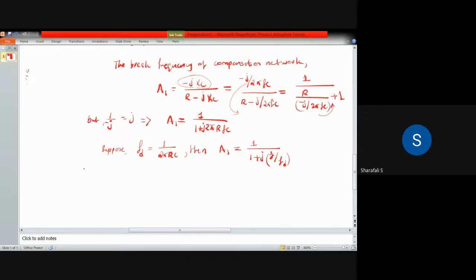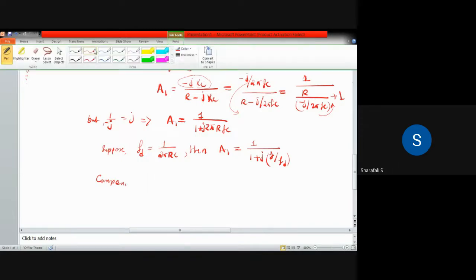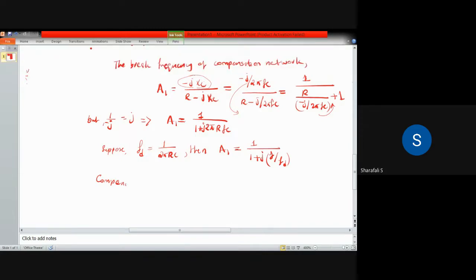Hence, we can say the compensated transfer function, let's say A dash, will be equal to A times A1.